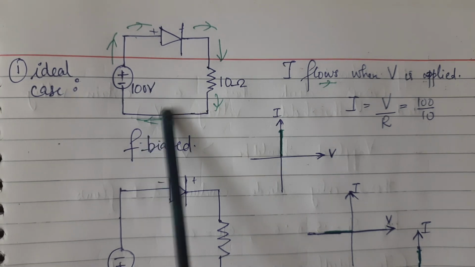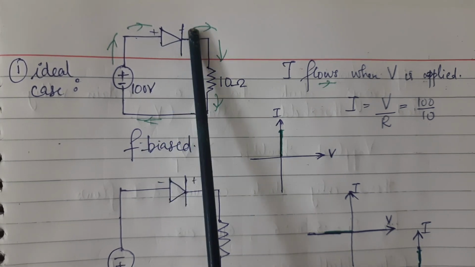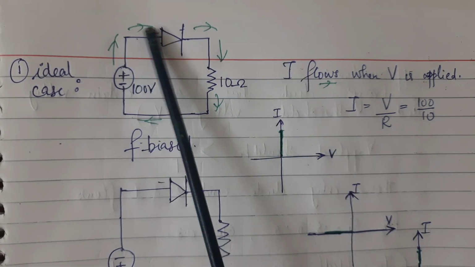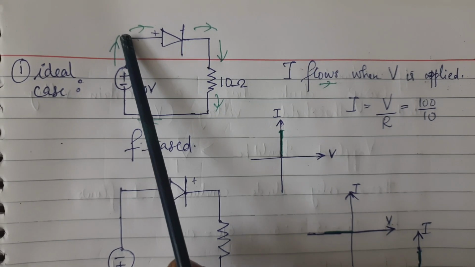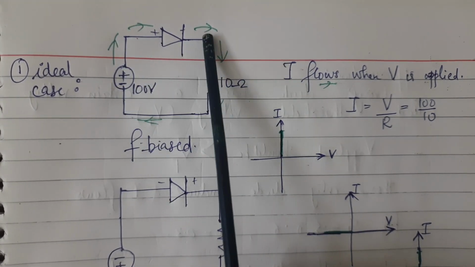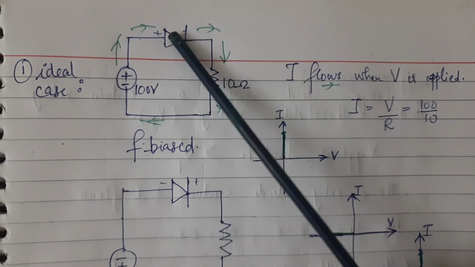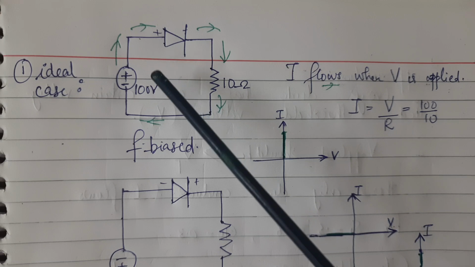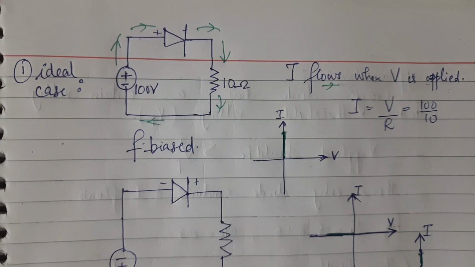So in order to find the voltage across this diode, we can use Thevenin's equivalent between the two terminals. So this is the first terminal and this is the second terminal. We can take this particular diode outside of the circuit and find Thevenin's equivalent between the two terminals.